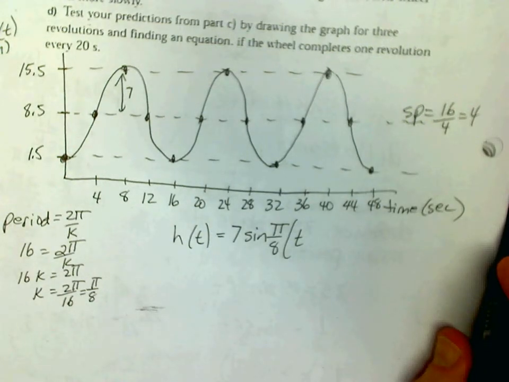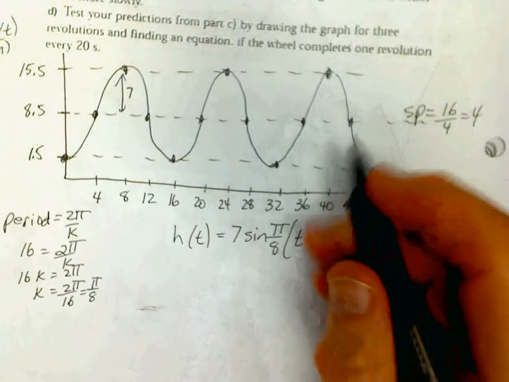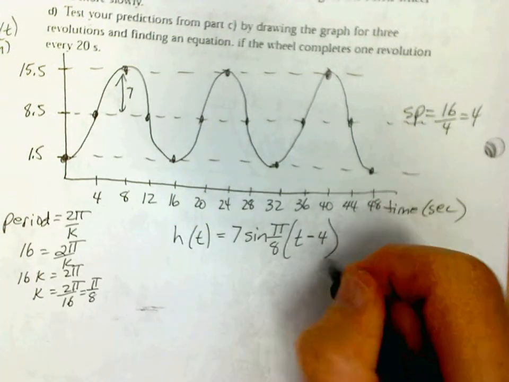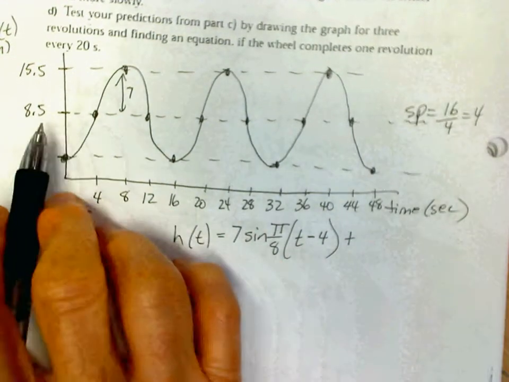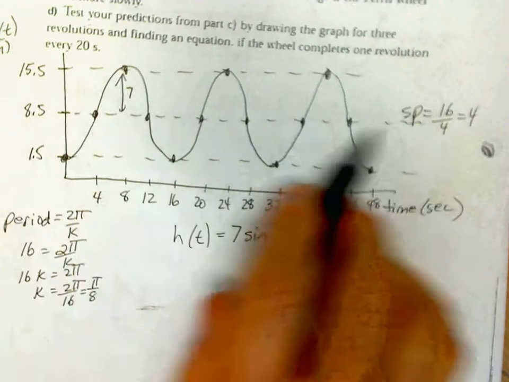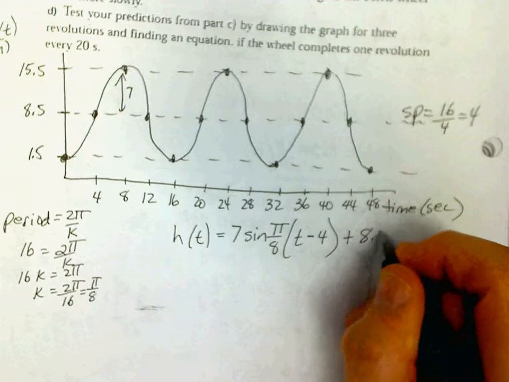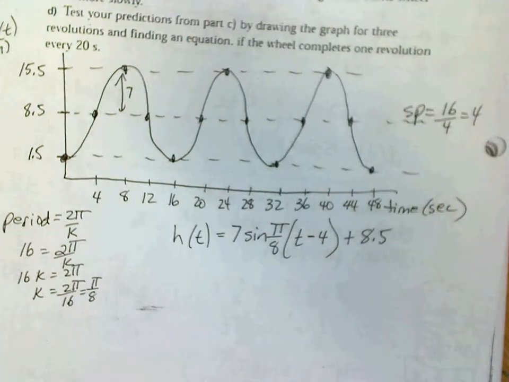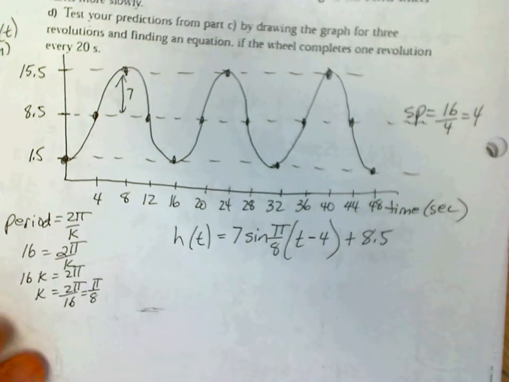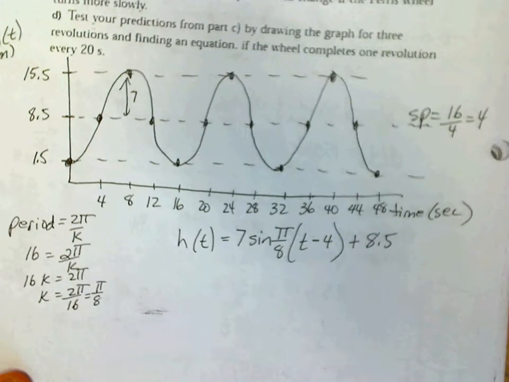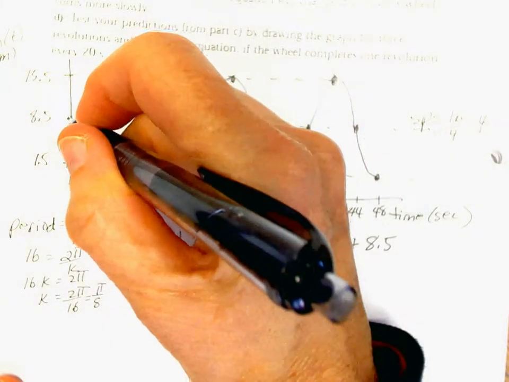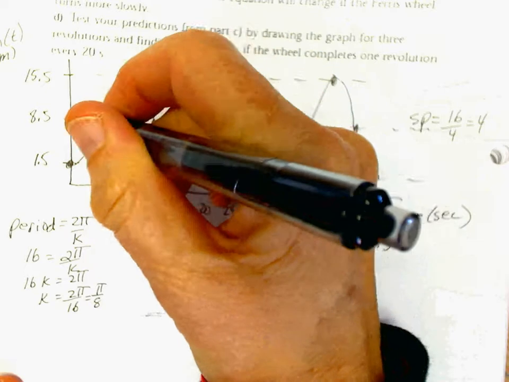And our equilibrium line is y equals 8.5, so it's plus 8.5. See how sine usually starts here and goes up, but it's starting there, 4 over? So there's a phase shift of 4 to the right.